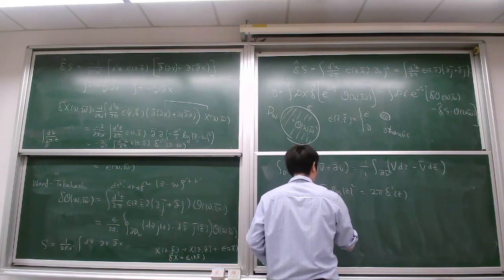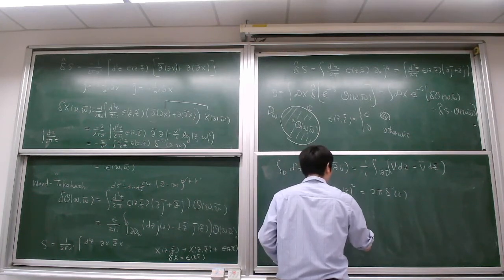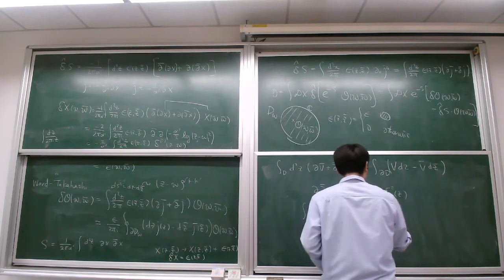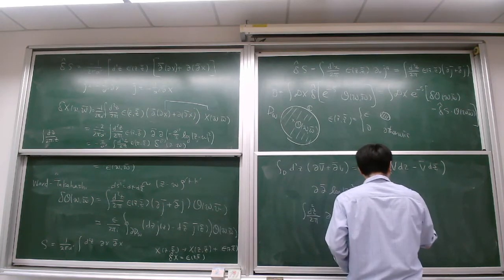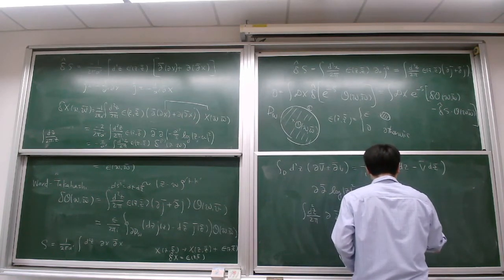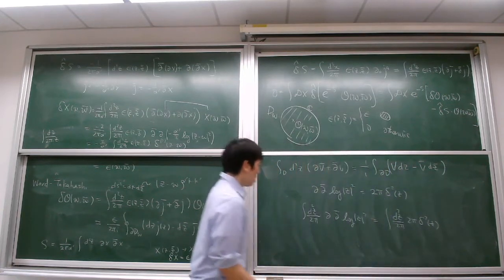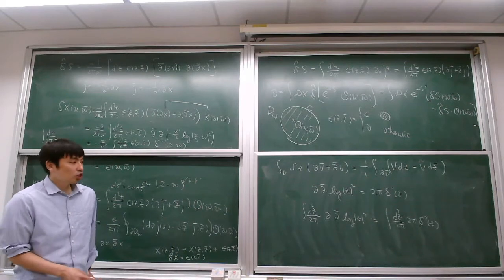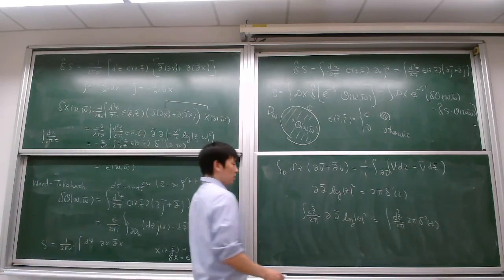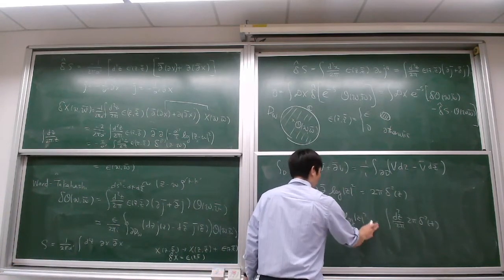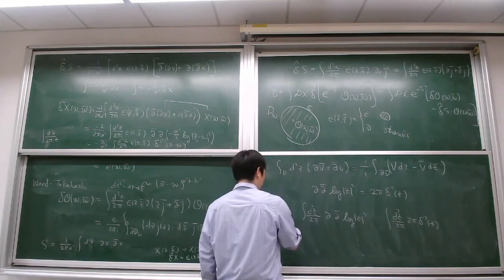You should correct me. I think some of you already noticed during the lecture. dz squared 2 pi delta 2. Okay, I want to show this equation. So the left hand side is this. Let's look at the left hand side.